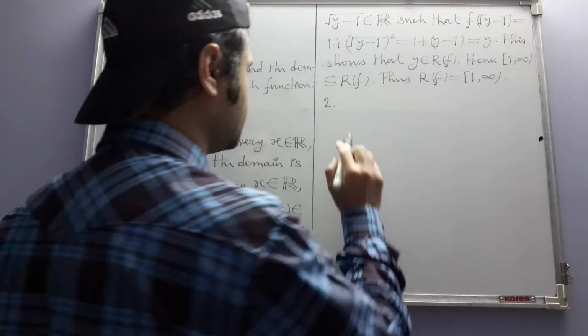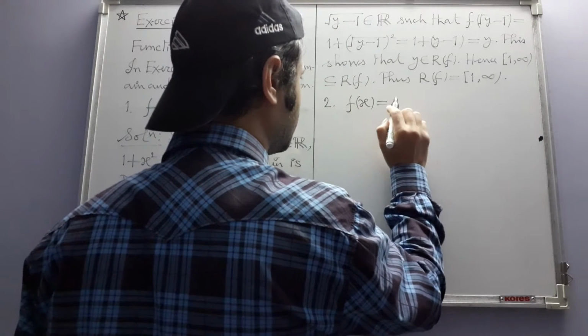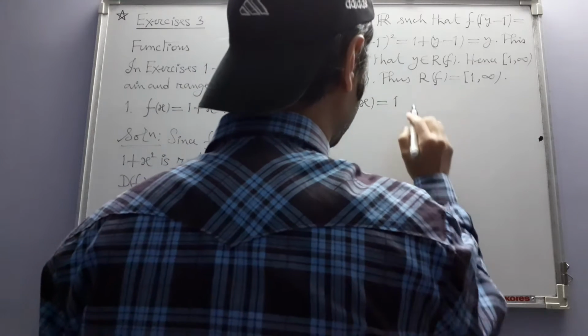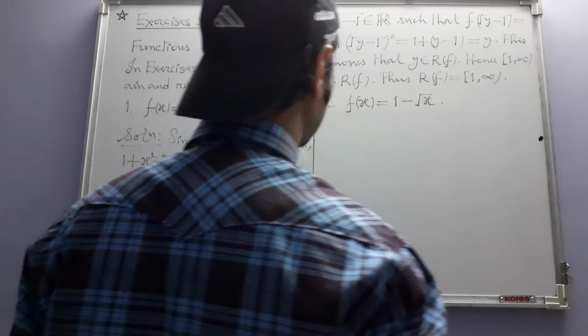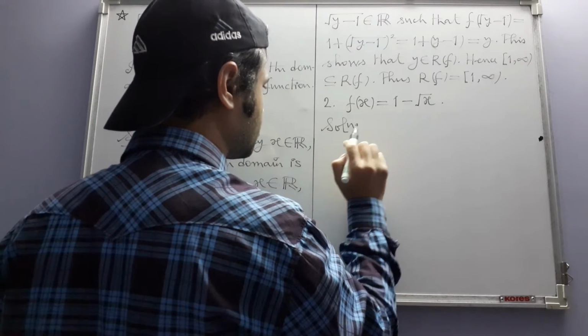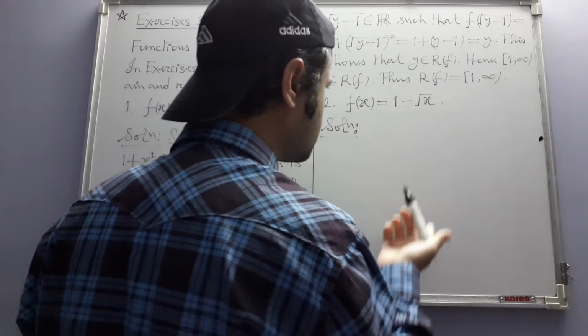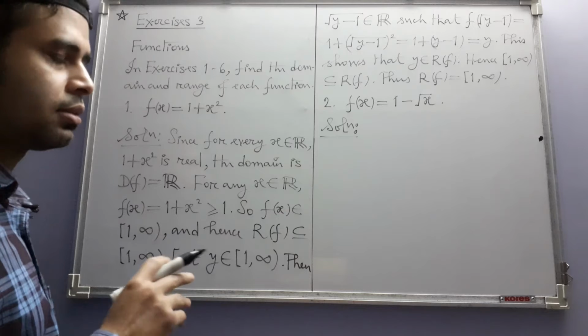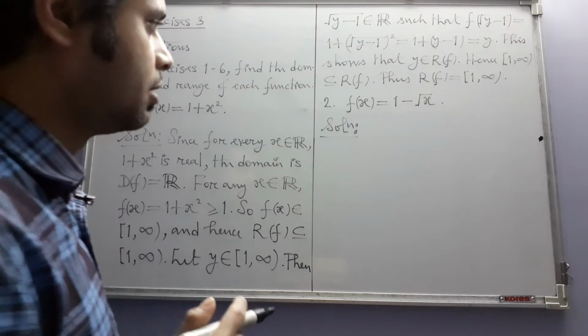In the second one we have this function 1 minus square root of x. So because we have square root of x, the permissible values of x are the non-negative real numbers.